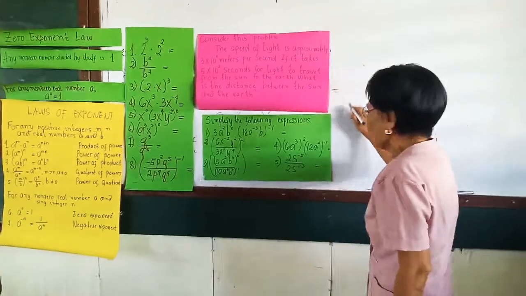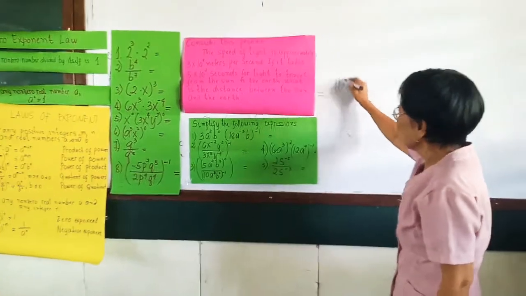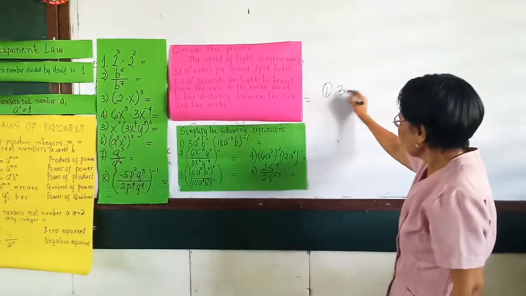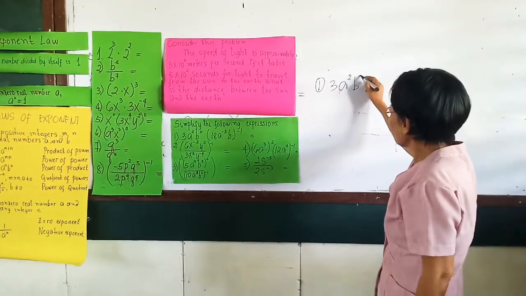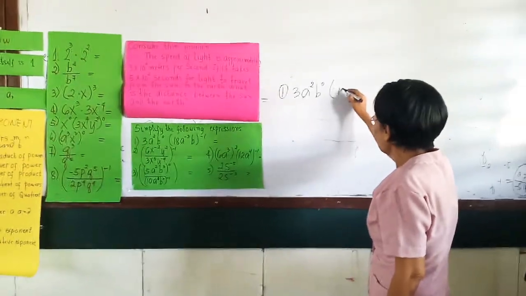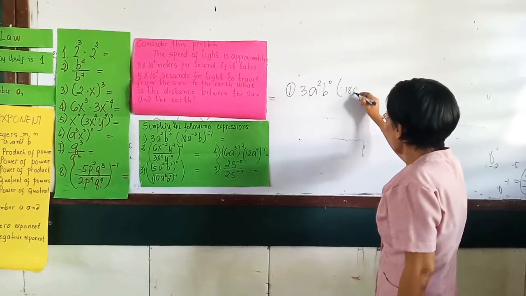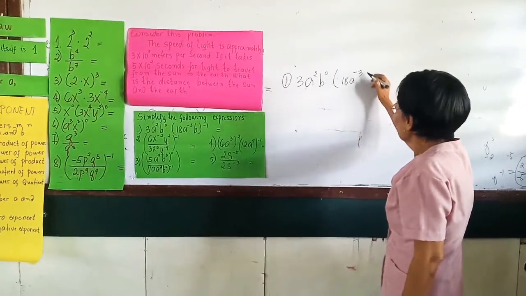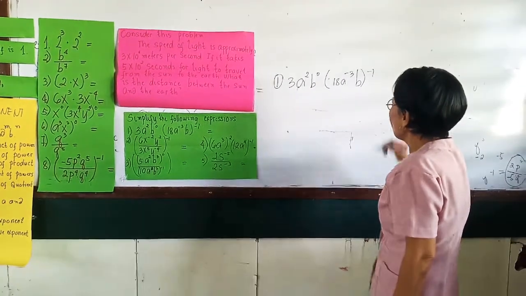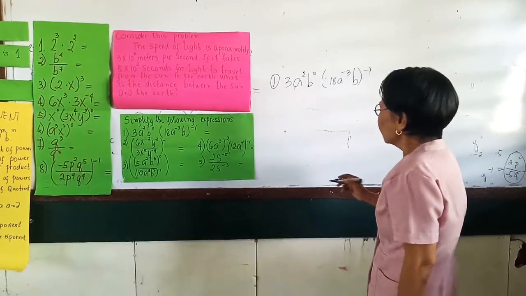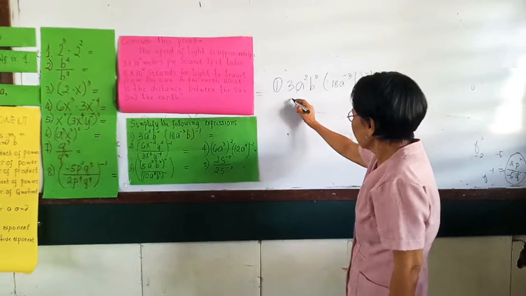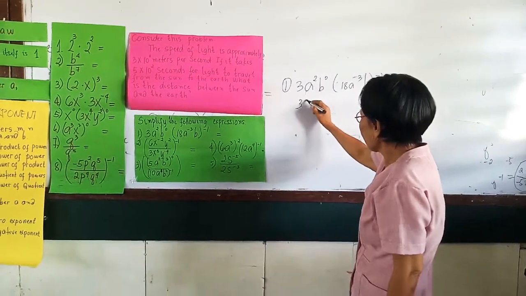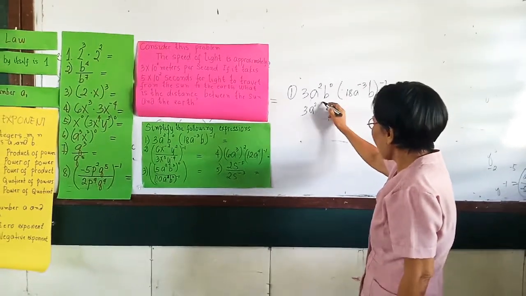So 3a, number 1. 3a squared b to the 0 times 18a negative 3 b negative 1. Okay. 3a squared times 1.